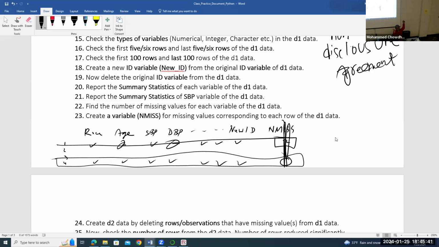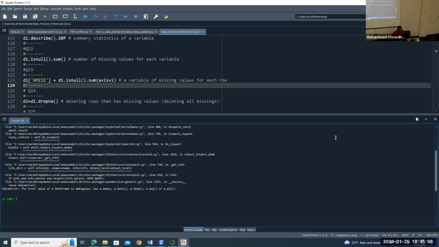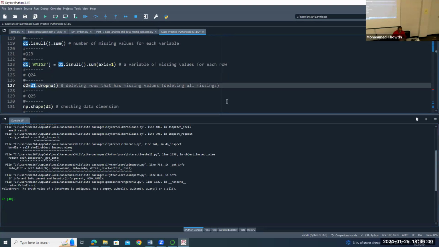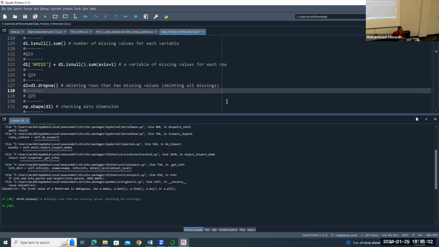After those deletions, I will have complete data, meaning data that does not contain any missing entries. To do that, at line number 127, if you run just D2 equal to D1 dot dropna, then this will give you the results.